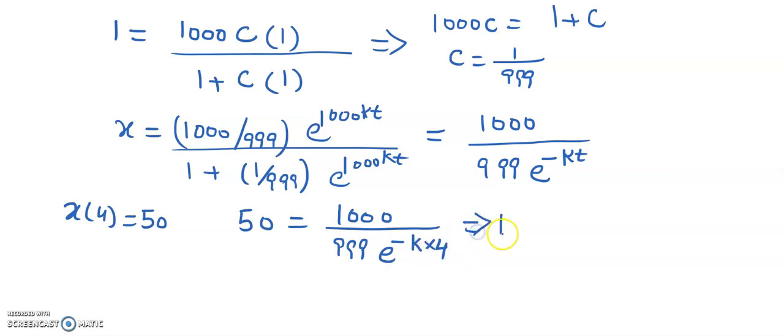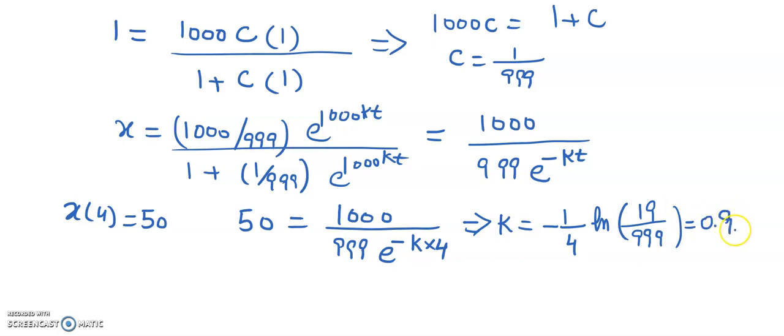So from here, if you simplify it, the value of k will be equal to minus 1 by 4 log of 19 over 999. So in decimal form it will be 0.9906. So it will be a positive value, because this negative, when multiplied with the log value, which will also be negative, will be a positive value.